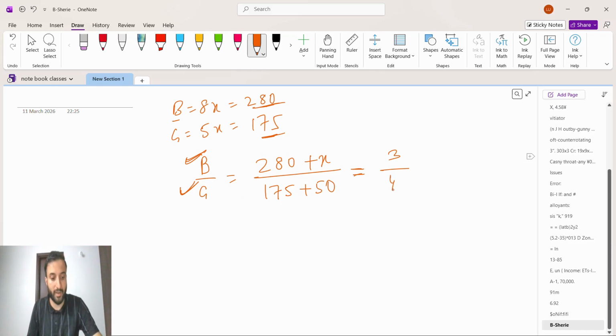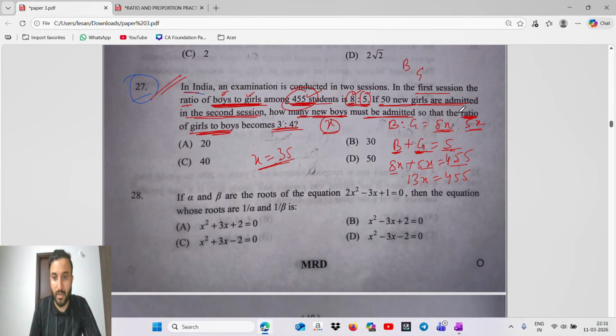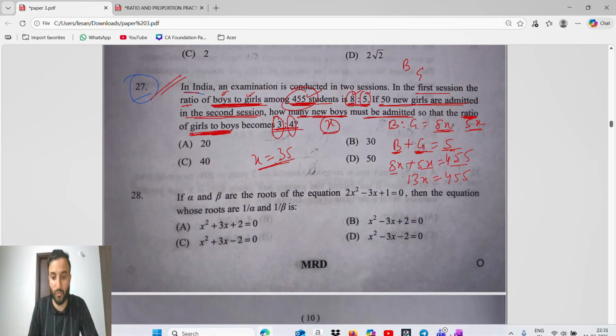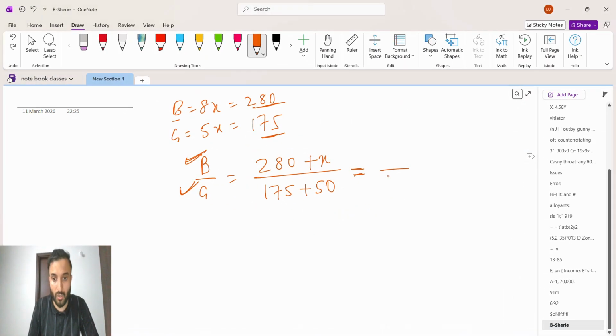But no, my dear, they had not given it like that. They had given the ratio of girls to boys as 3:4. Now girls is 3, boys is 4.